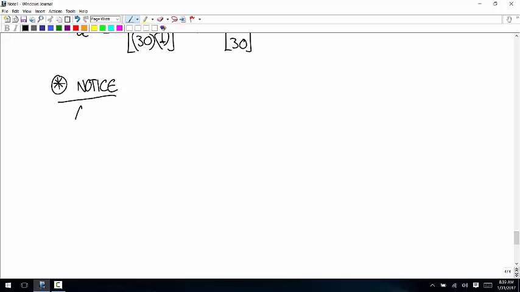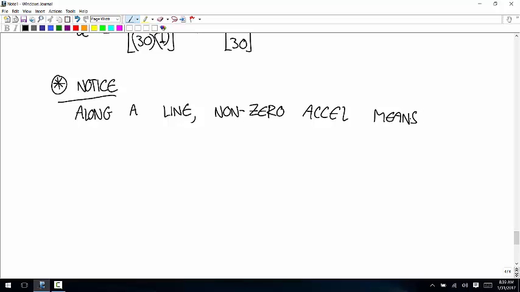Notice that along a line, when we were doing stuff in 1D, a non-zero acceleration means the object is speeding up or slowing down.